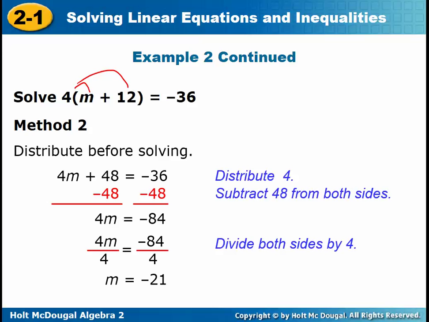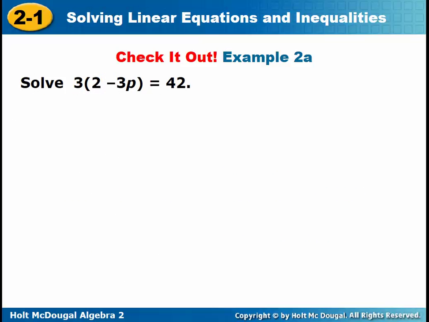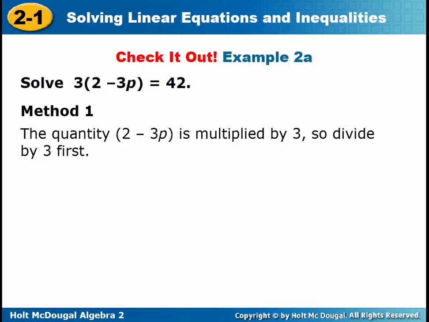You'll get the same exact answer, and the check would be the same. So you can use either method of doing these problems. If you know right away that 42 divided by 3 is something, then that might be the best method.